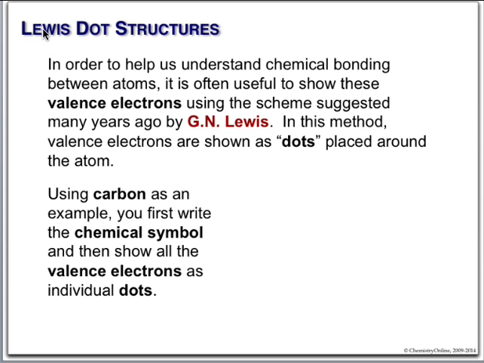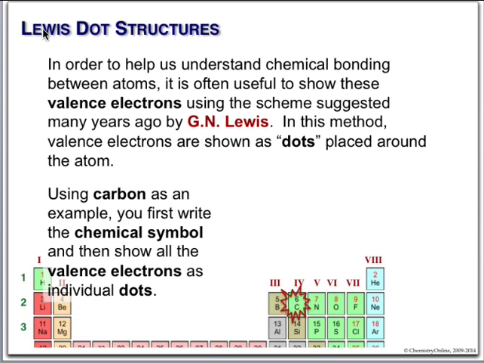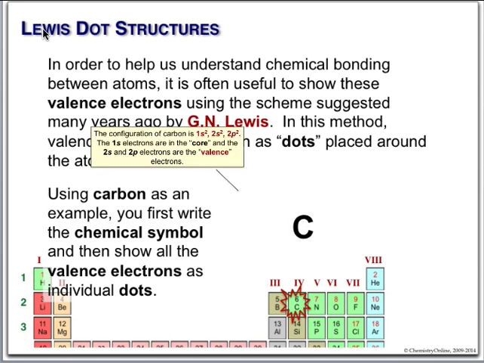And this is called a Lewis dot structure. What you do is you start off with the chemical symbol of whatever element you have. So let's do carbon. Carbon is here. Again, it's in the 4th group, 2nd period. So it will have 1, 2, 3, 4 valence electrons. We draw our symbol.